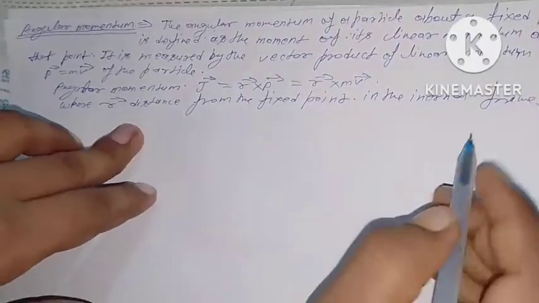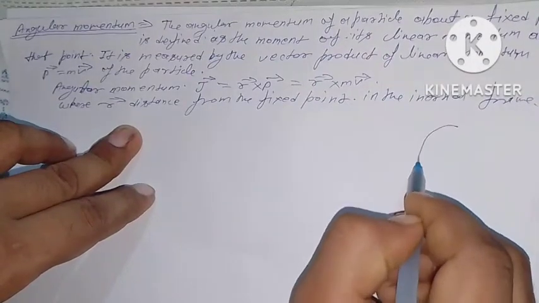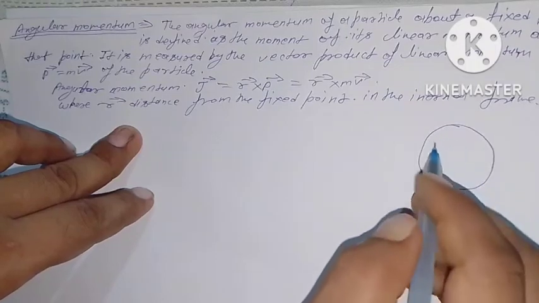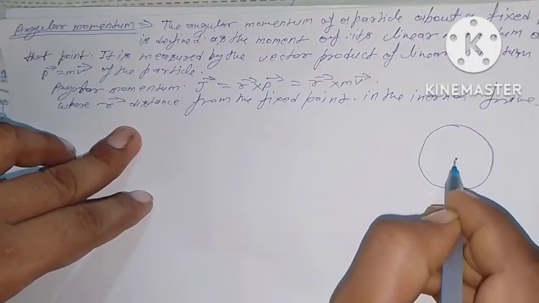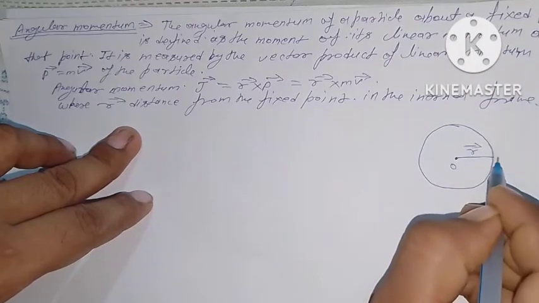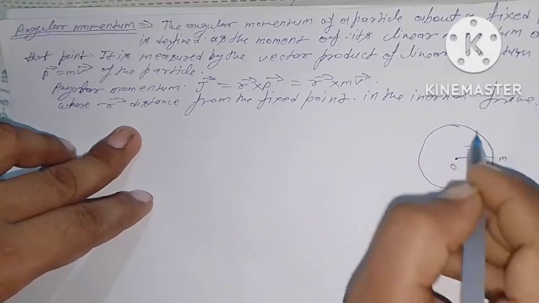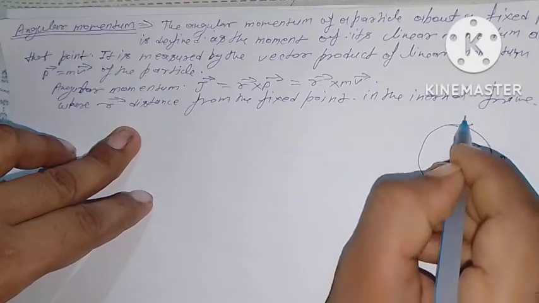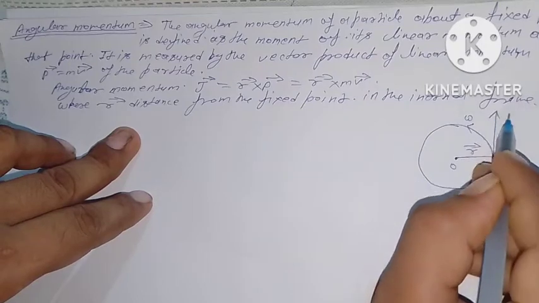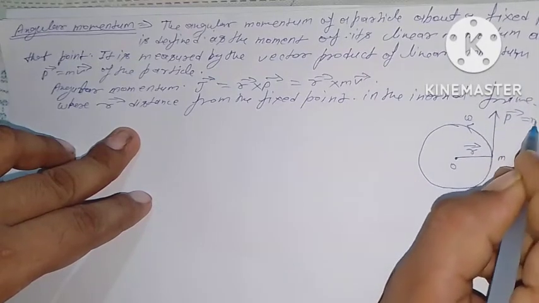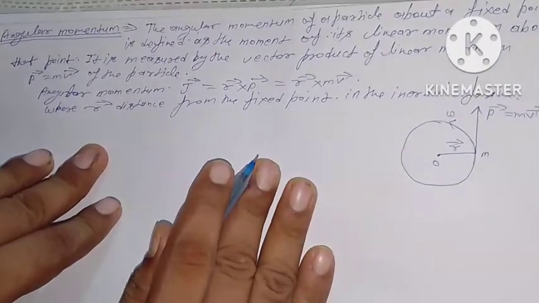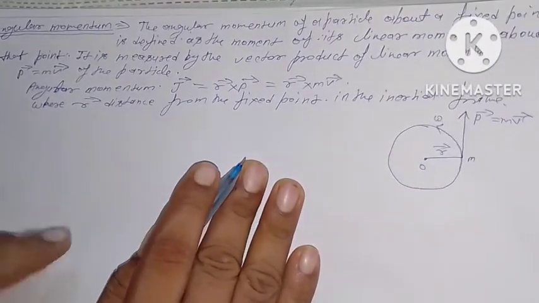Inertial frame. This is point O and this is vector r and m, mass, angular velocity omega and linear momentum, vector p equal to m vector v, okay?